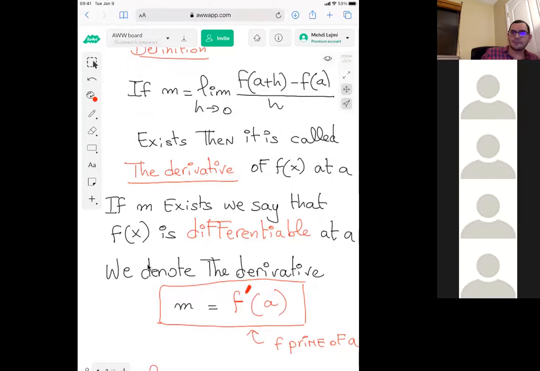I have a question. The one you did with the sine of 2x, I did a different way. What do you mean, a different way? How to compute the limit?